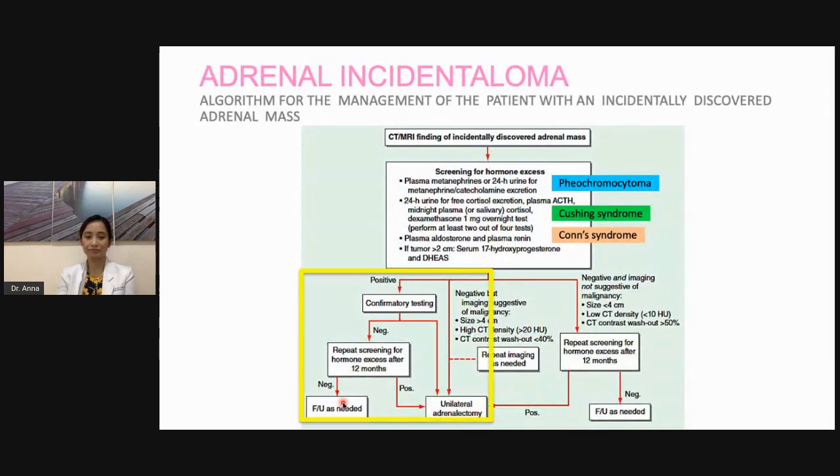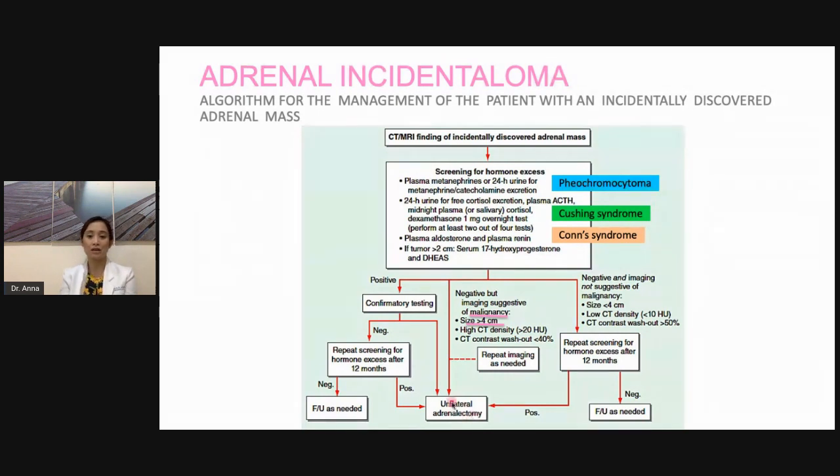Now, even if it's negative, but the imaging suggests possibility of malignancy, meaning the size is more than 4 cm, and the Hounsfield unit or the CT density is more than 20, the CT scan contrast washout is less than 40%, then you can recommend unilateral adrenalectomy even if it's non-functioning.